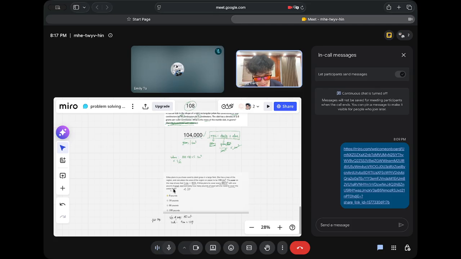So the first step, with these two pieces of information, you need to find the area of the region, right?